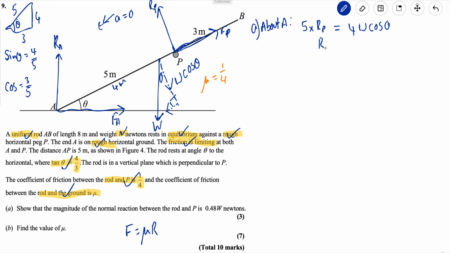I'm going to divide both sides by 5, and cos theta is equal to 3/5. When I calculate that, it works out to 0.12W. Sorry, 0.48W.